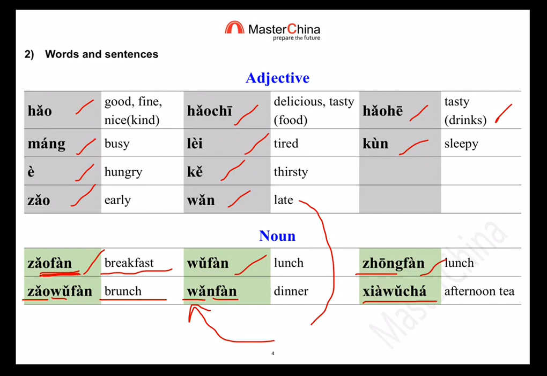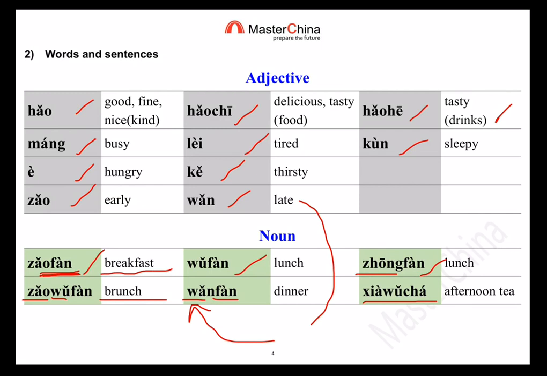And you say have afternoon tea, but Chinese say drink, 喝下午茶. So you see, Chinese cannot just use very general words. They need to give a very specific word. To have is too general. We say 我和我的妈妈喝下午茶.